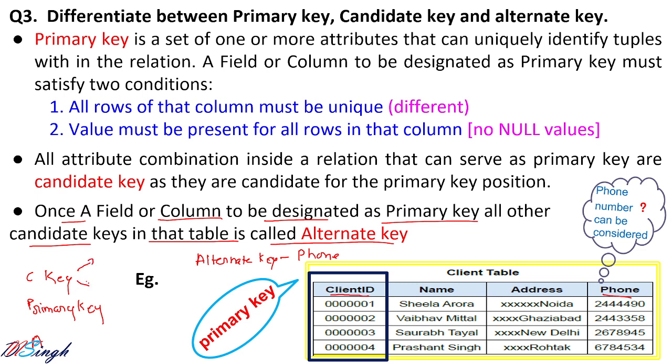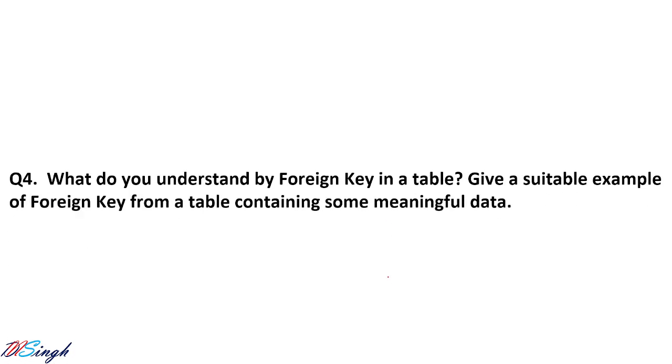There are two candidate keys, client ID and phone. And what is primary key? Client ID is selected as primary key. So these are the keys which are available in that particular table. I hope it is clear now. Let us move to the next question.